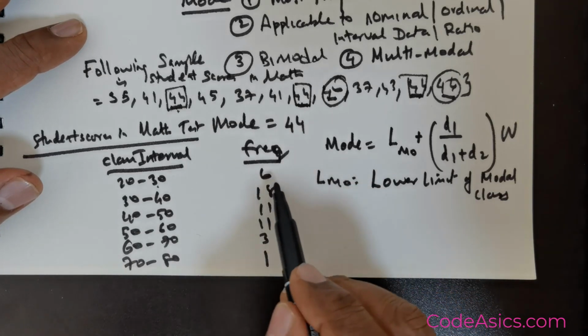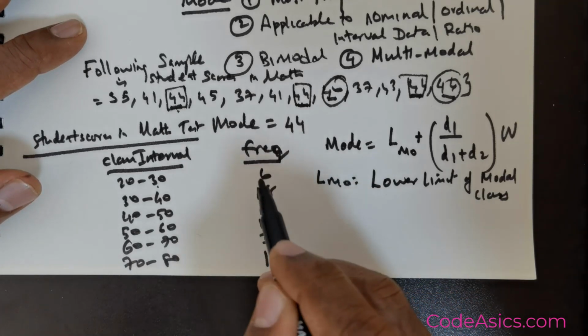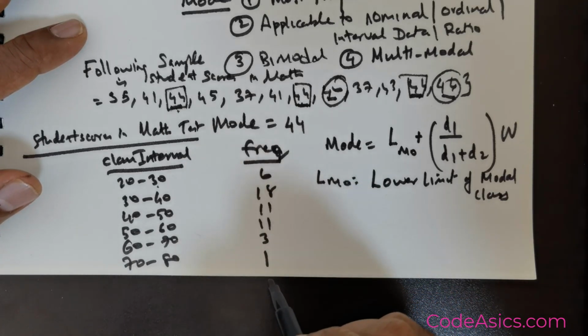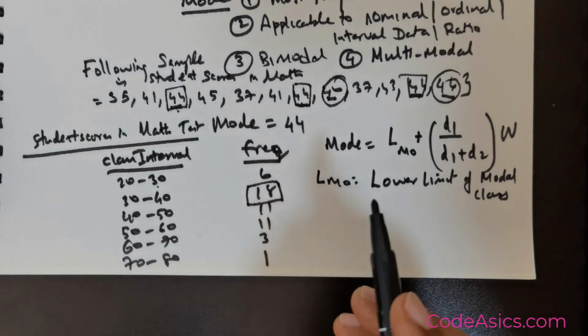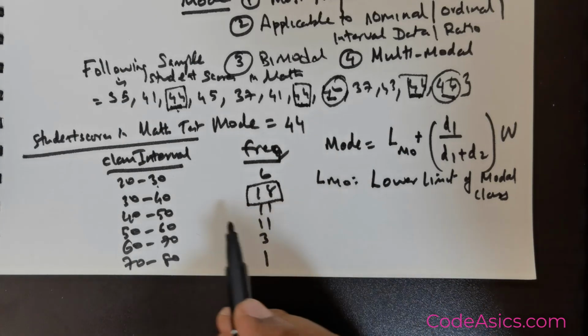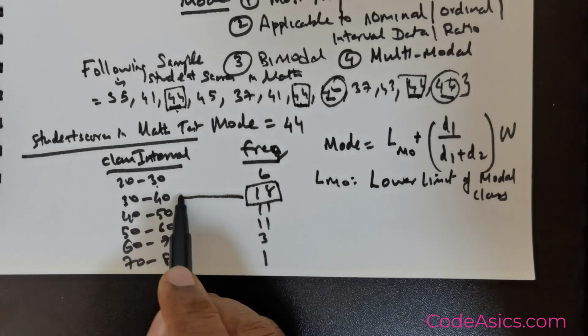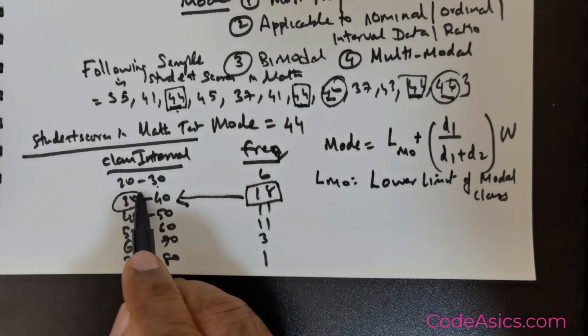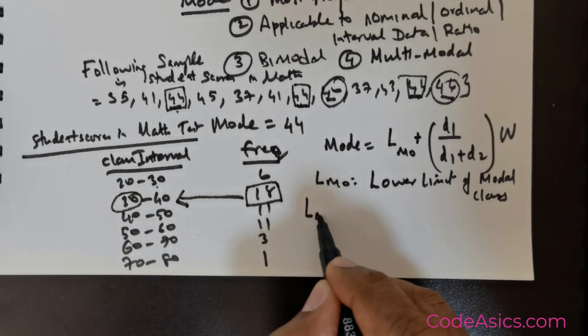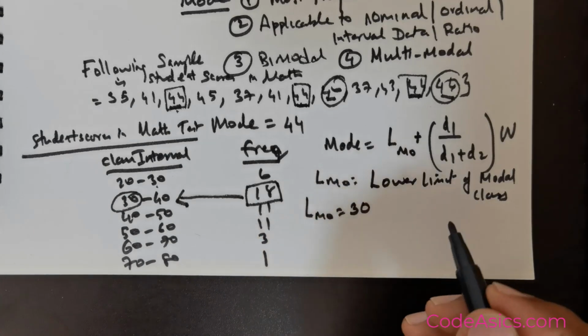So for that, go to the frequency and locate the highest value that you can see here. In this case 18 is the highest value, so that is going to be leading us to the modal class, and find out the lower limit. So in this case L0 is equal to 30.